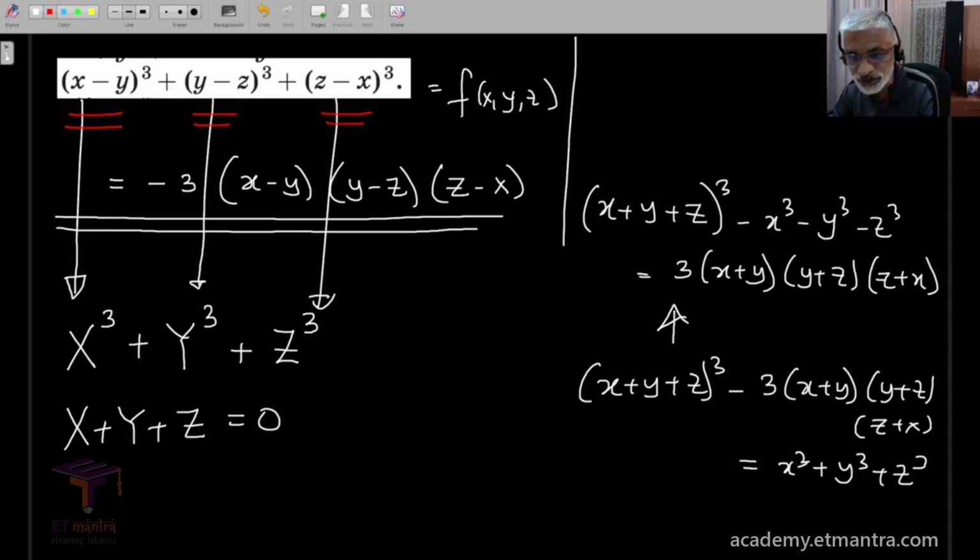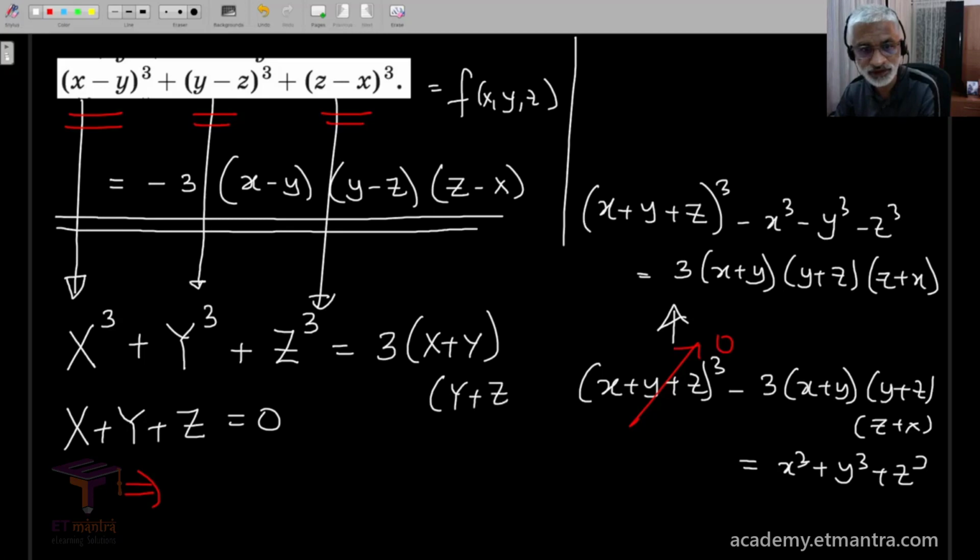Now what that would mean, if you put x plus y plus z equal to 0, is that x cube plus y cube plus z cube is equal to 3 into these factors, and that would mean that x cube plus y cube plus z cube here is actually equal to minus 3 into x plus y into y plus z into z plus x.